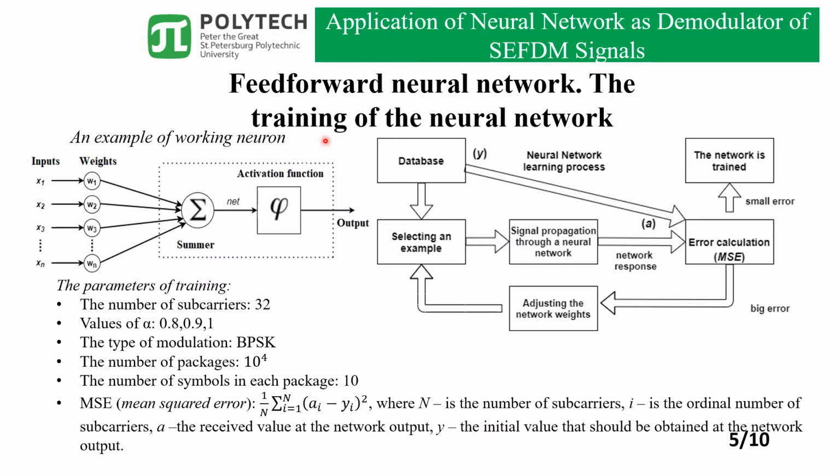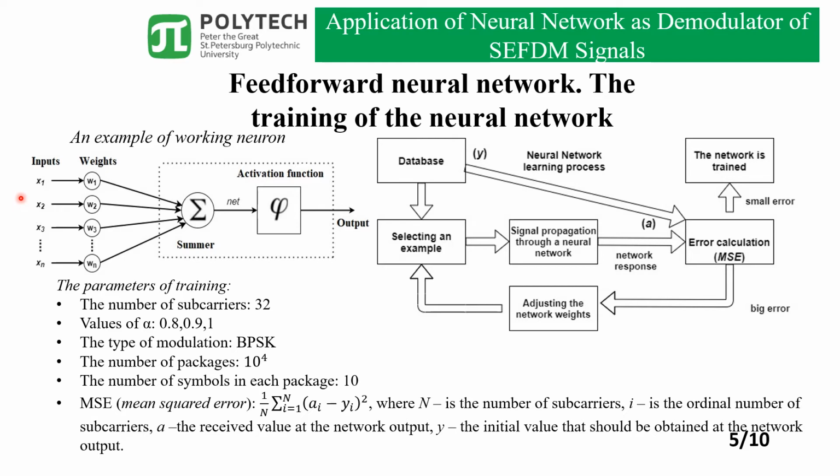Now we can discuss the feedforward neural network and the training of the neural network. At the left corner we can see an example of one neuron. I want to say that this structure is an example for understanding how feedforward works. At the input of the network, samples of the signals from the subcarrier frequencies are consistently supplied.